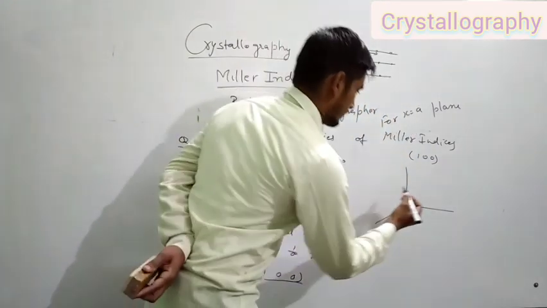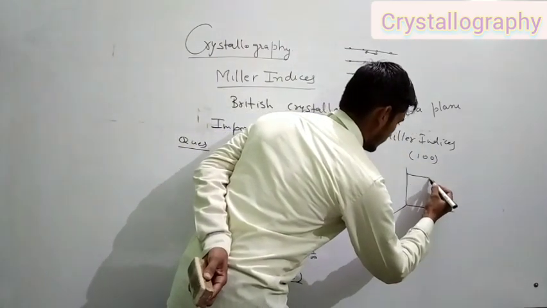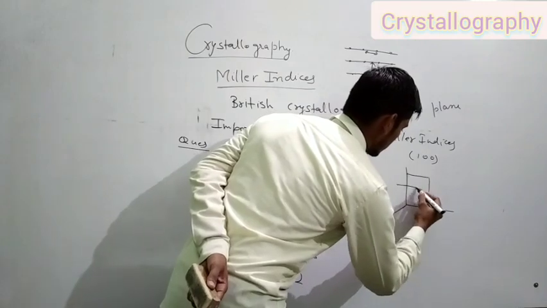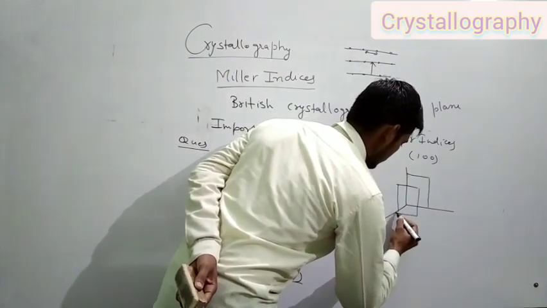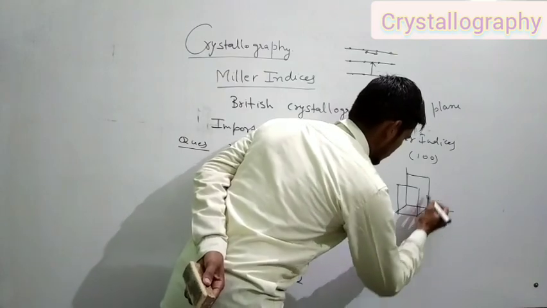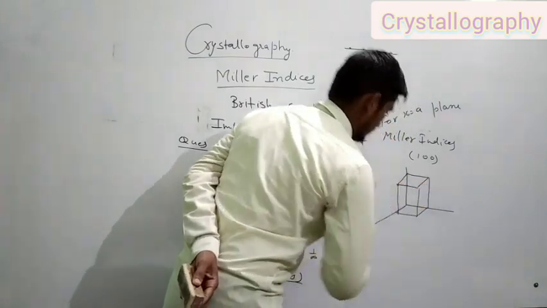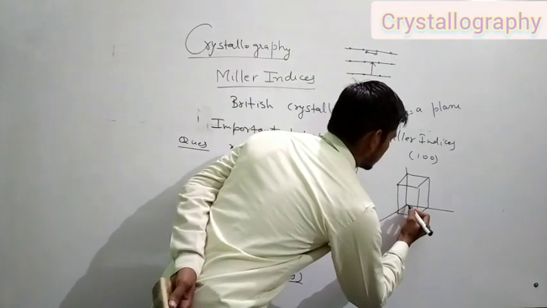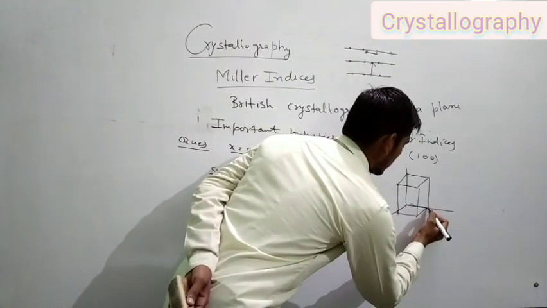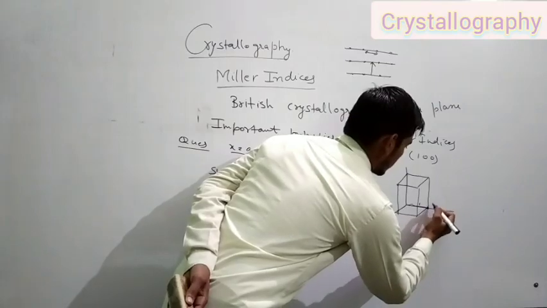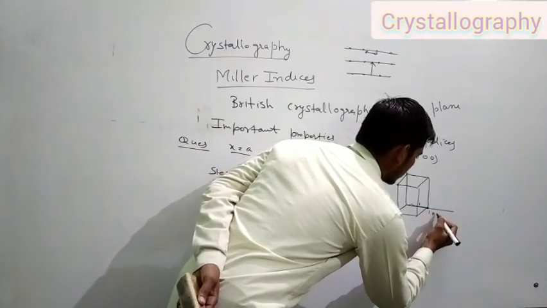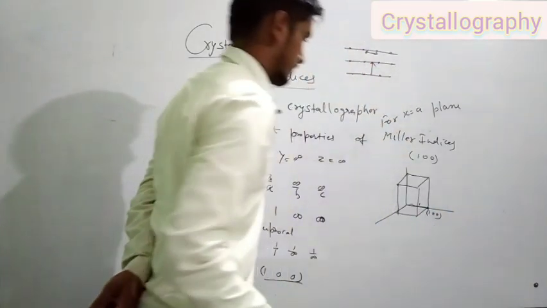Okay, this is the cubic structure. And this is the side where x cuts on unit, so the 1, 0, 0 coordinate.